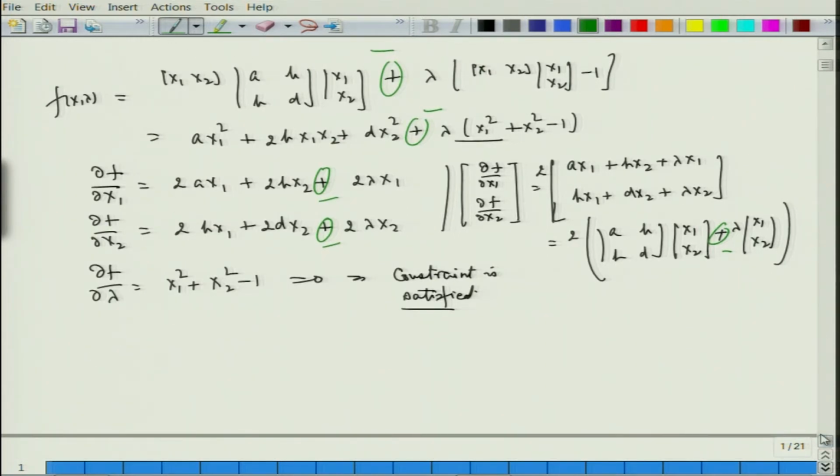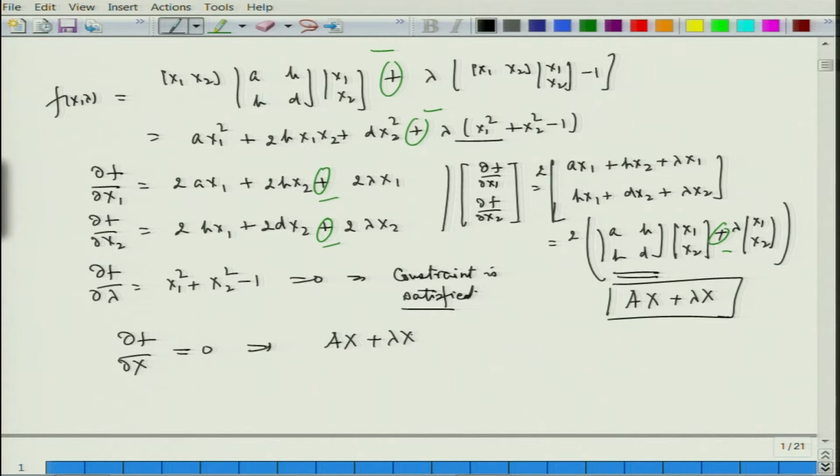Either way, what we are looking at corresponds to Ax plus lambda x. So when I set del f by del x equal to 0, I need to look at Ax plus lambda x equal to 0. I am putting a minus here for clarity, because that is the way we are going to follow.